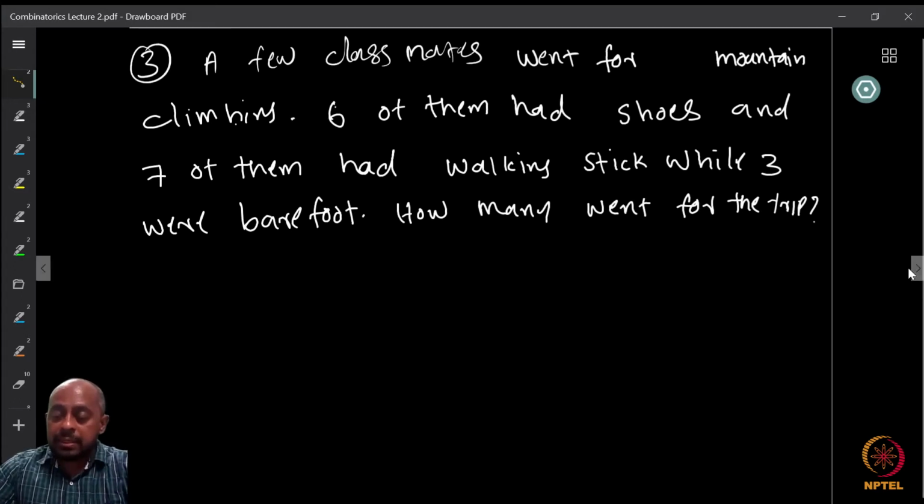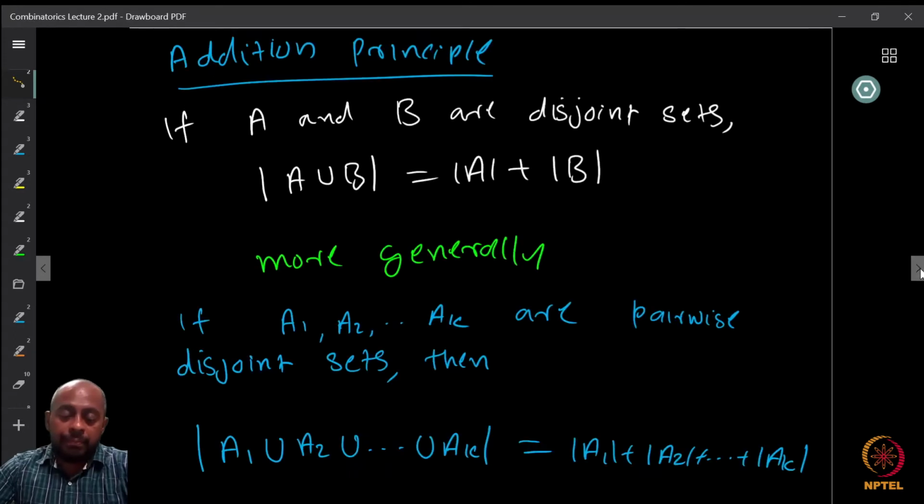In the first question we were able to answer precisely because we knew that both the sets were disjoint and they were exhaustive. So if A and B are disjoint sets, then their union has cardinality equal to the sum of the cardinalities of each of them.